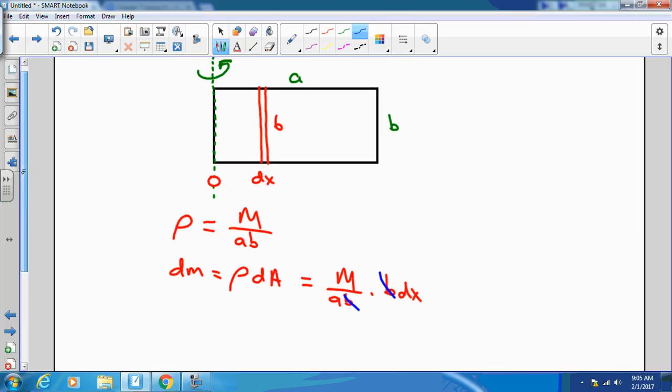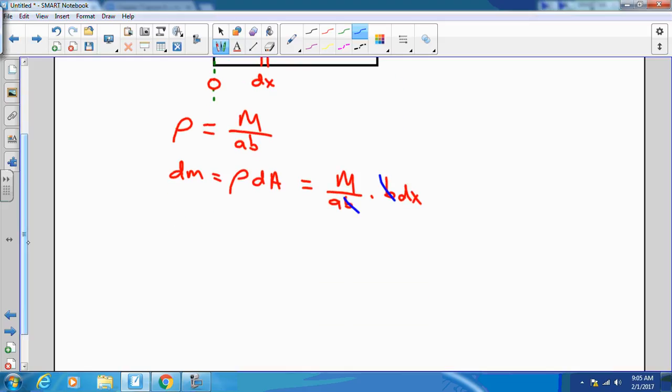And interestingly, the factors of b cancel out. In other words, the length of this b right here doesn't matter. Ooh, I think I know where this is going.